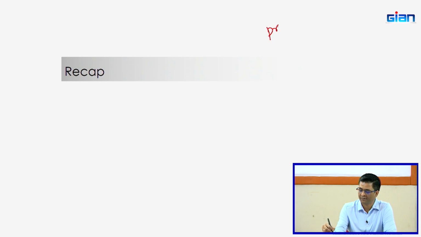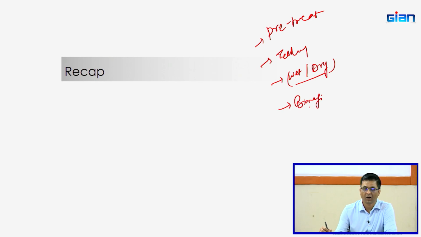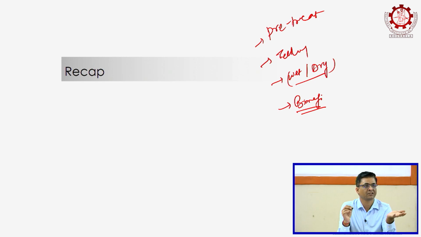So, you have pre-treatment technologies, wet, dry, yeah, and previous time we studied biorefinery. Now, we are just adding technology and processes at different points to improve process efficiency or to extract ingredients.